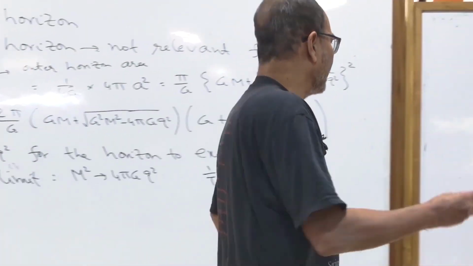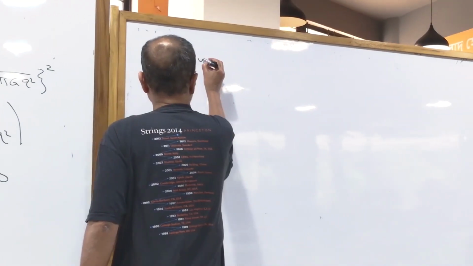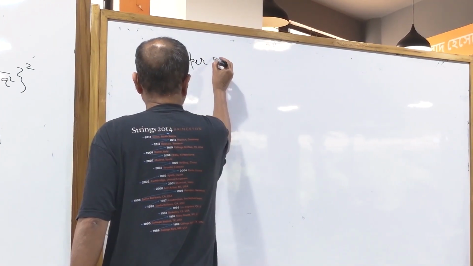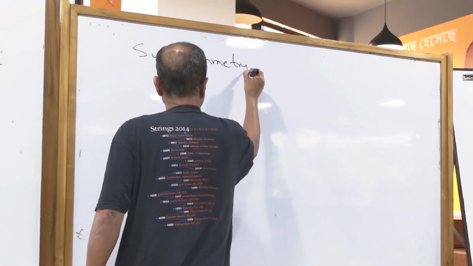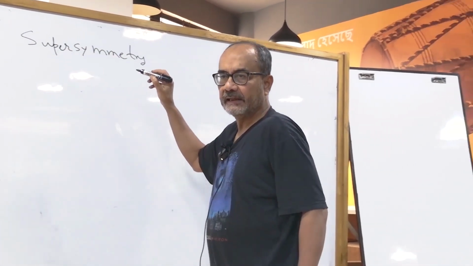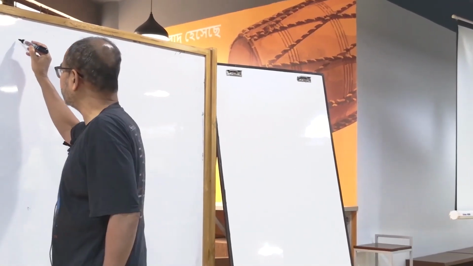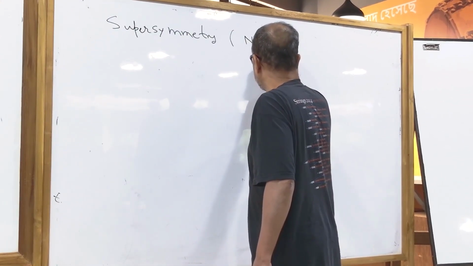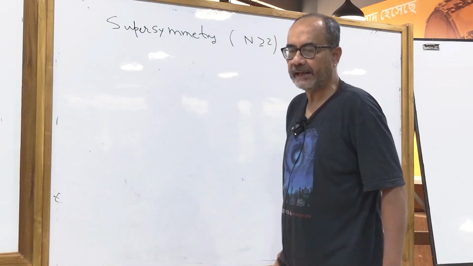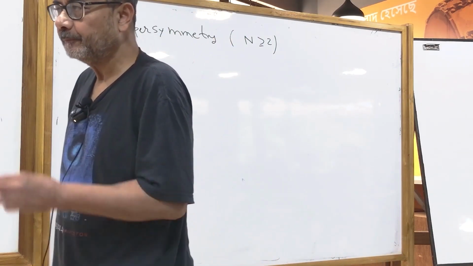So this is where supersymmetry comes in. And this supersymmetry will now refer, in the language of the previous lecture, to N equal to 2 or more. Okay, we need supersymmetry, which is N greater than or equal to 2 supersymmetry.